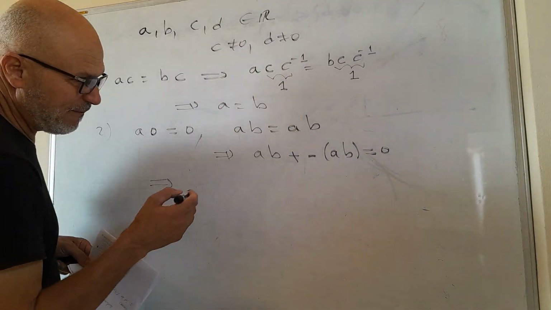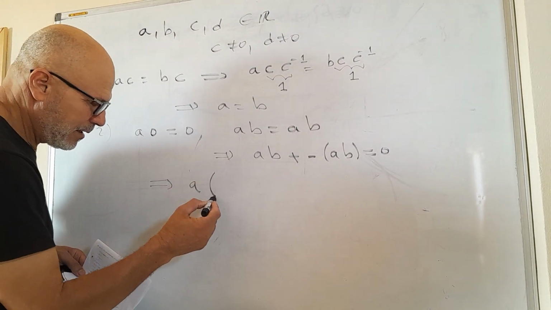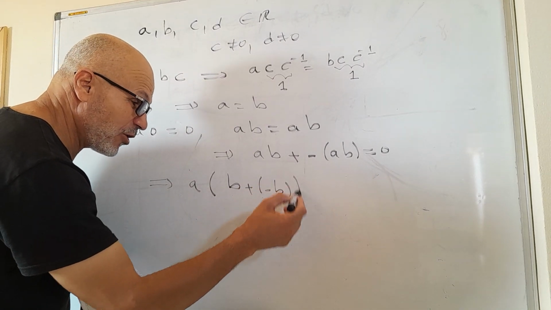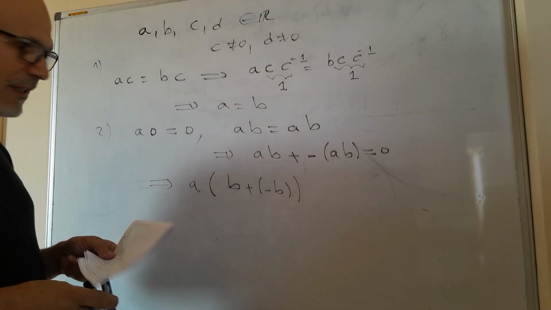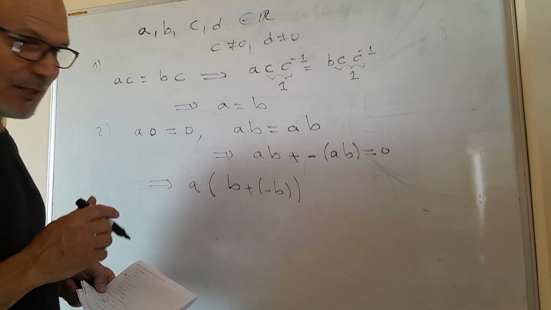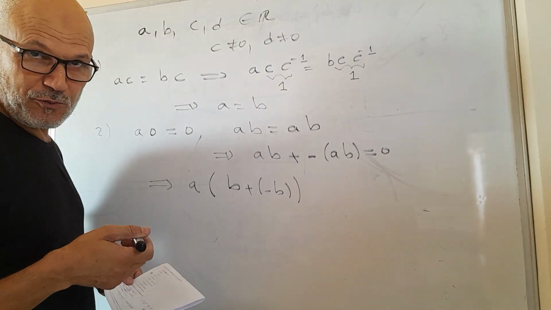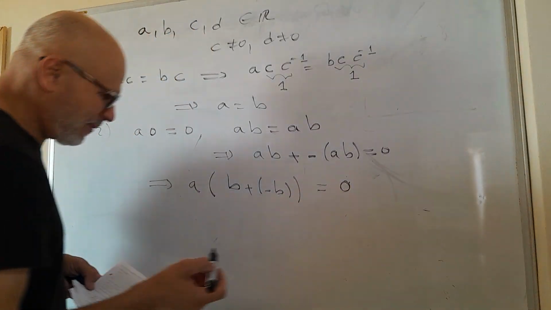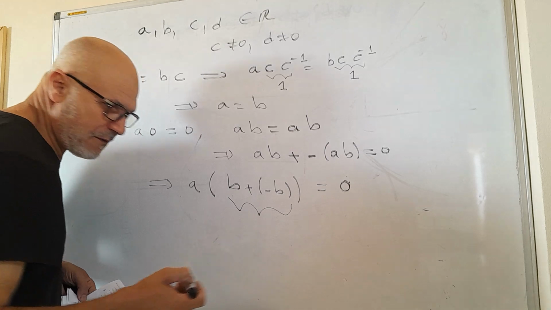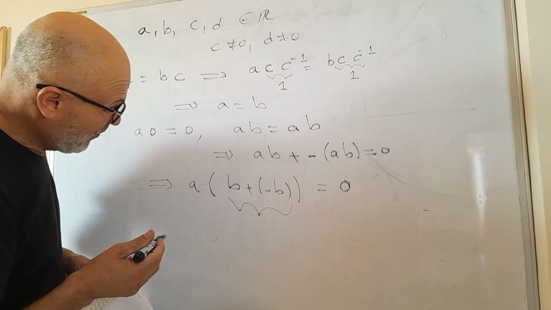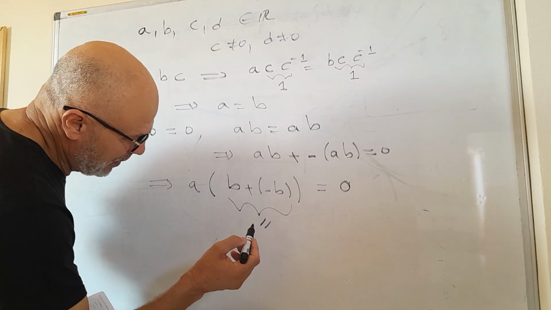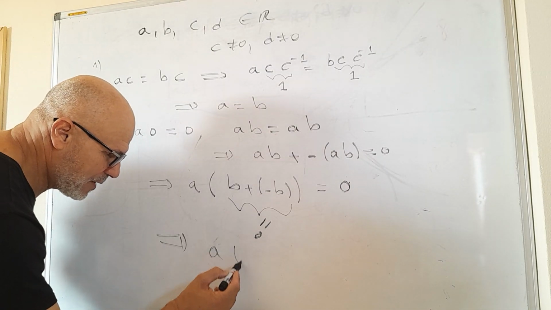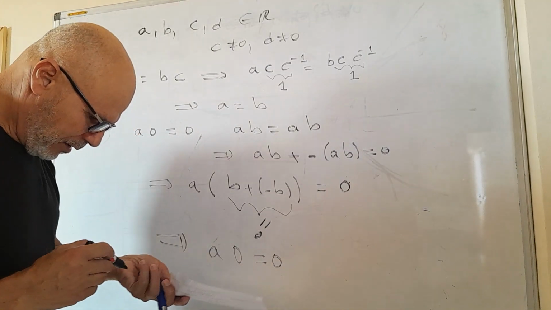Then we have a times b plus minus b. We use the distributive operation of multiplication with respect to addition. This is equal to 0, but from the additive identity axiom, this is equal to 0, which means that a times 0 is equal to 0.